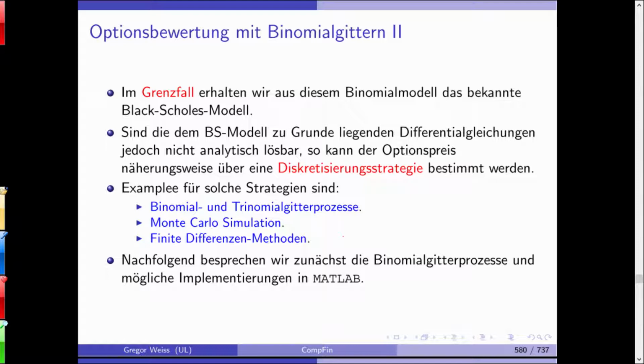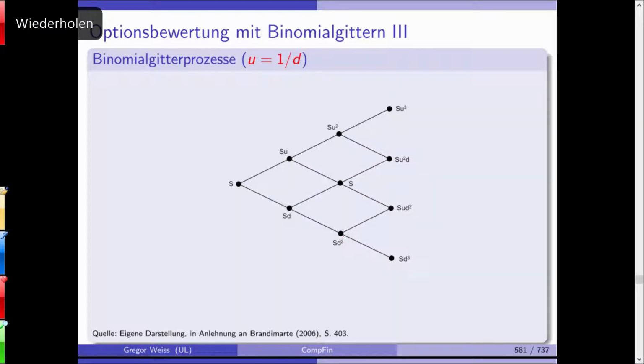The basic idea usually is if we cannot do it in continuous time, let's use discrete time. If we cannot do it in continuous time for 1 year, simply divide it up into 12 months and try a discretization strategy. So let's try it first with the binomial model.